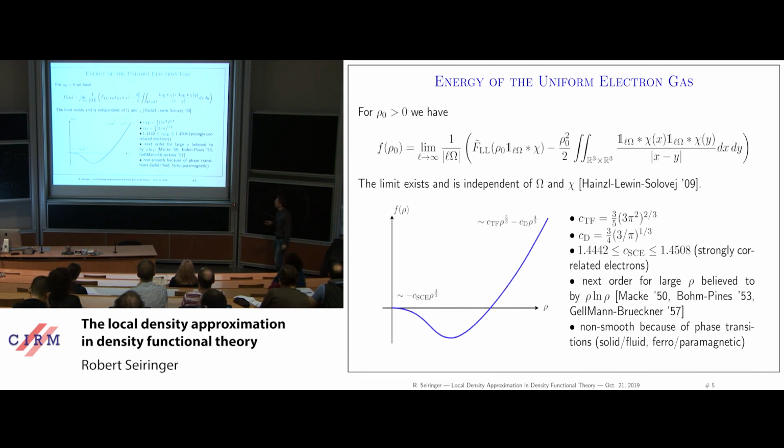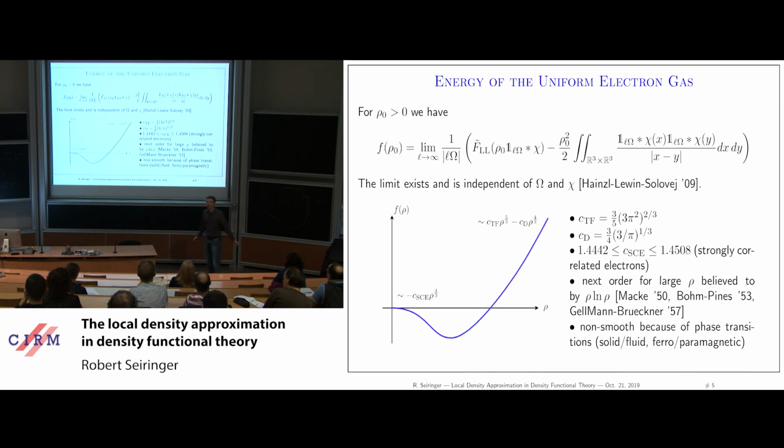And one can prove this in greater generality than what is written here, basically following at least ideas in this paper by Hainzl, Lewin, and Solovej, where they studied general questions of existence of a thermodynamic limit for Coulomb systems. Okay, so that's the function f.